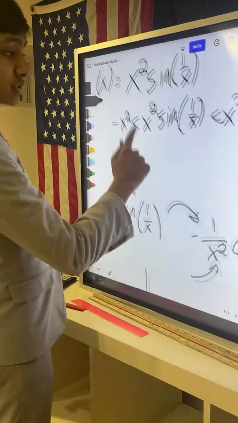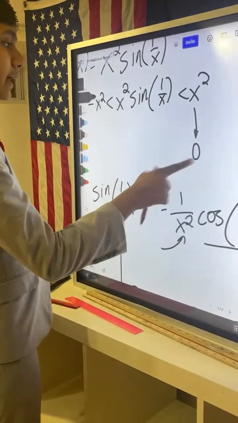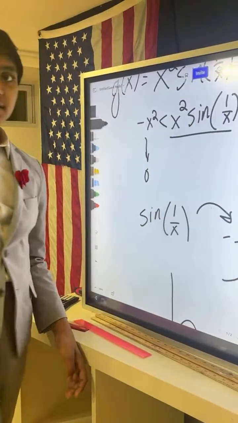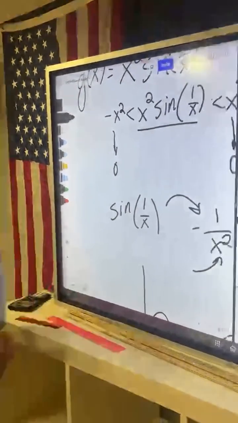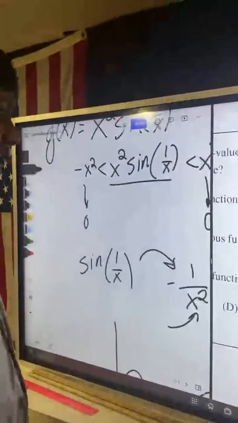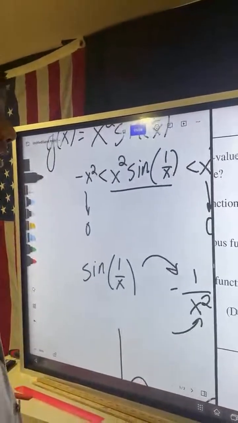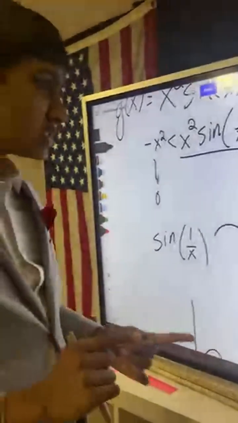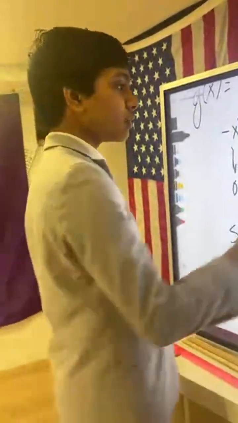But as x approaches 0, this approaches 0, and this approaches 0. So this is squeezed into the middle, and thus the limit as x approaches 0 of g of x is 0, right? But the derivative doesn't change. In fact, it gets worse as x approaches 0.